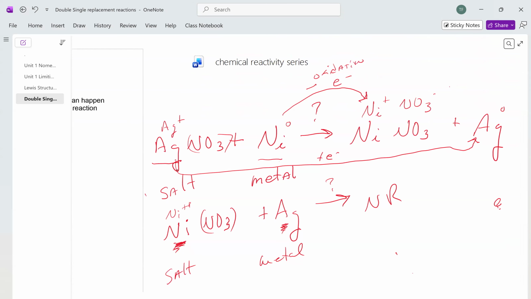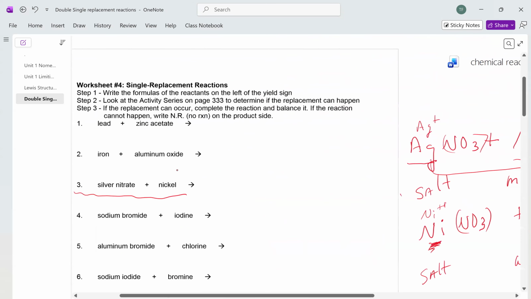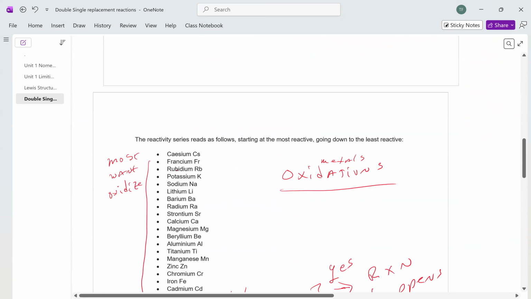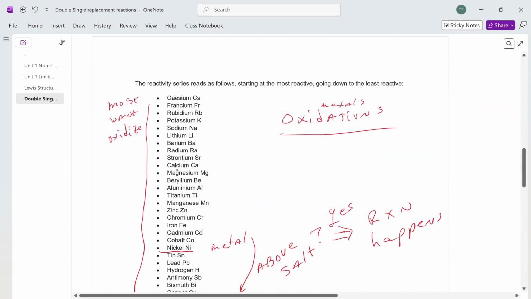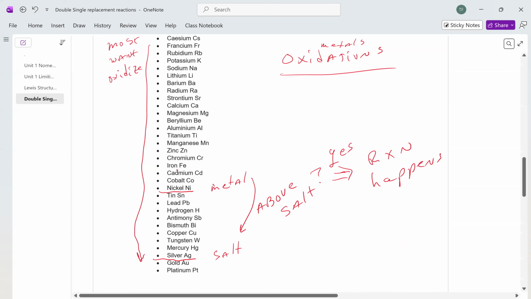Now there's various oxidation tables. This is a really long one and complex. The one I'm going to give you on the test is smaller in scope, so it'll be less metals on there. But the bottom line, it doesn't matter how big the thing is.